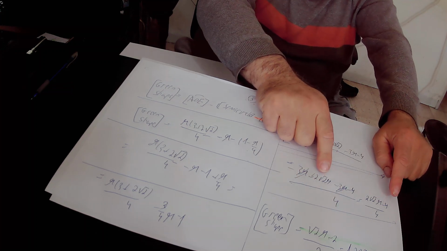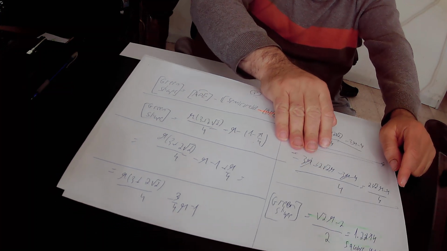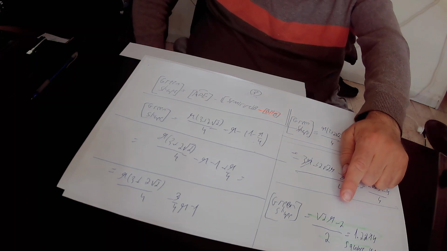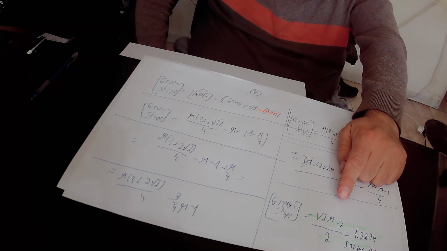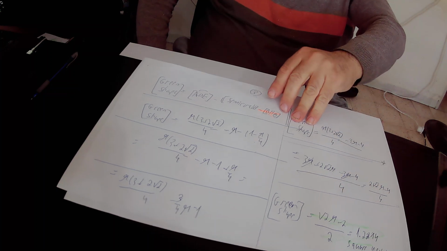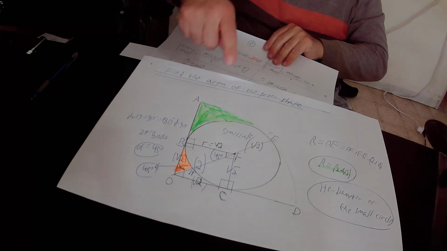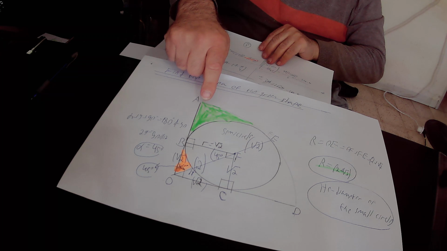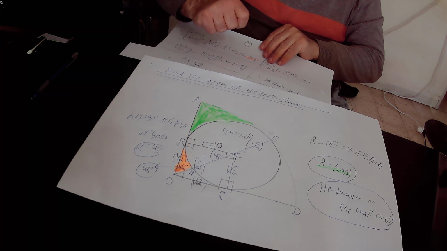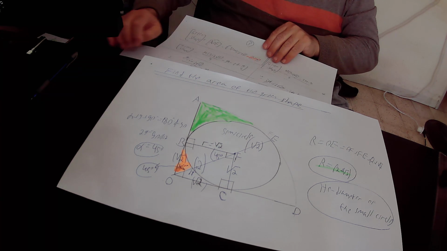So we found out that the area of the green shape in total equals pi times the square root of 2 minus 2 over 2, or in terms of numbers, the area of this green shape equals 1.2214 square units. Okay, thank you very much.